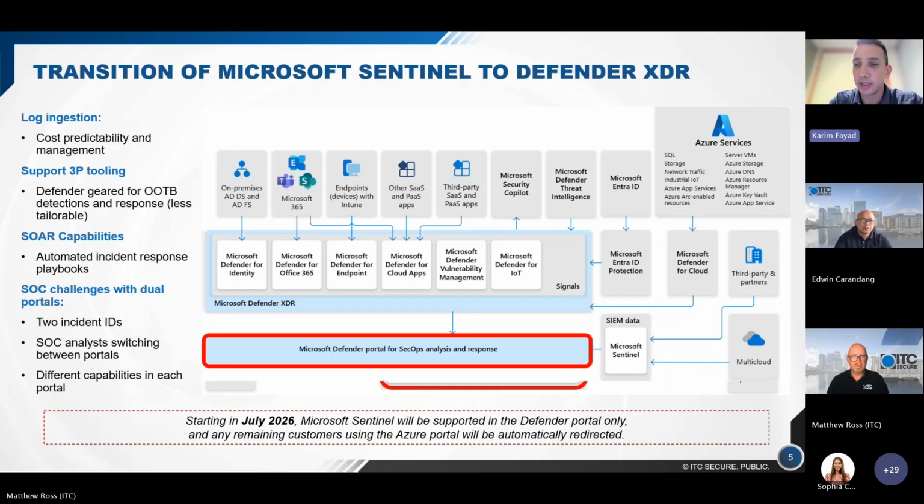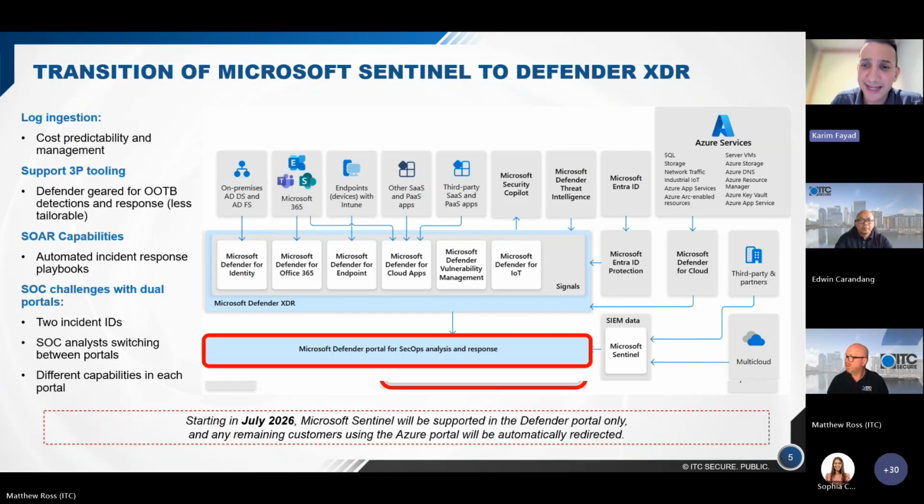The evolution of the product went through multiple phases. We started off in roughly 2019 by launching our cloud-native SIEM solution in Sentinel on Azure. We offered scalable log ingestion, some analytics, and threat hunting capabilities, leveraging a query language called KQL.